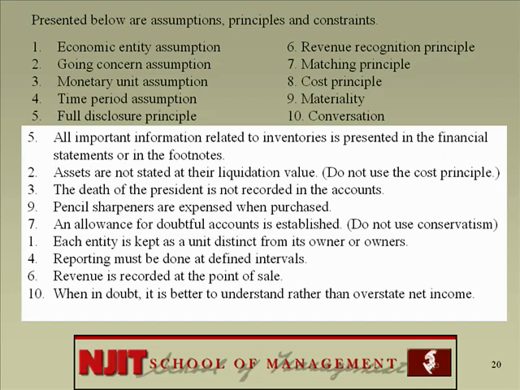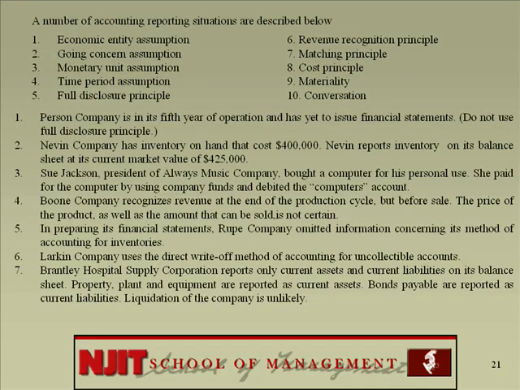If you're comfortable with this, try one more. Here it comes. I want you to print this out too and tell me in each case which concept is being violated. Let me try the first one for you. A company is in its 5th year of operation and has yet to issue financial statements.